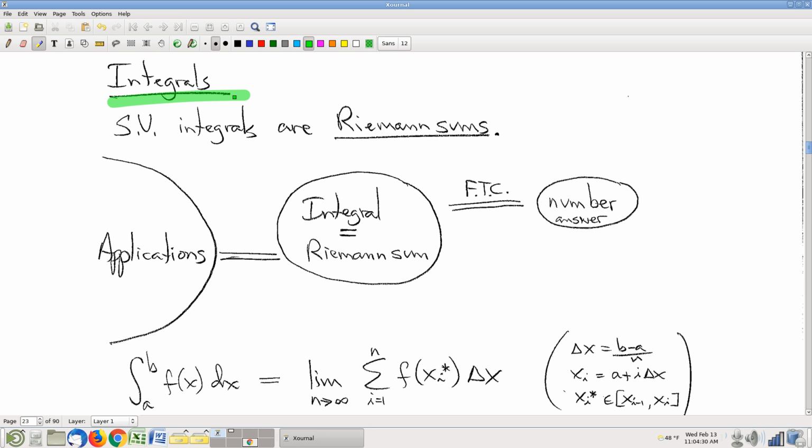I know you're probably really good at cranking out integrals, doing the substitutions and trig substitutions and integration by parts, all that business. But I want to ask, by definition, what is an integral? And let me give you a series of wrong answers. Of course, I have the right answer on the screen here, so this is all rhetorical.